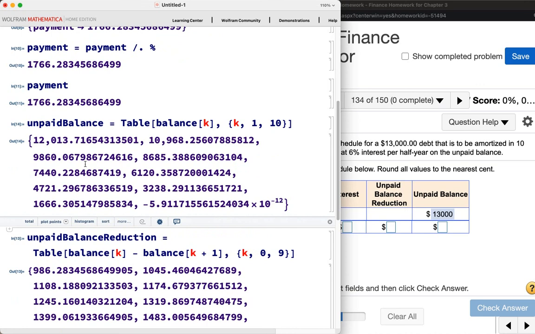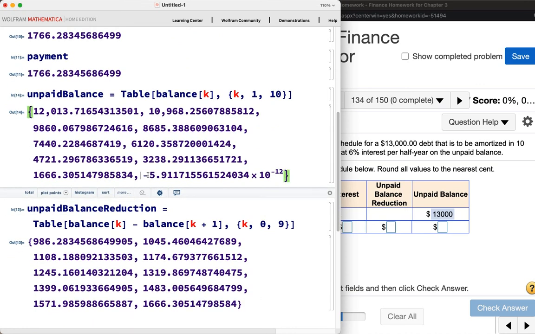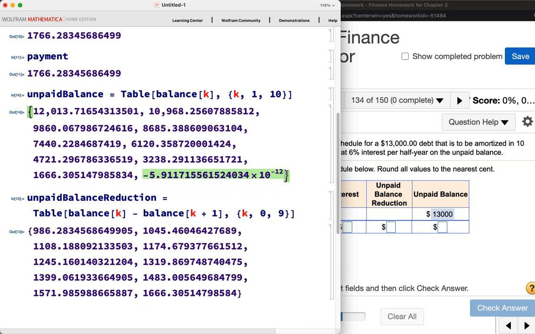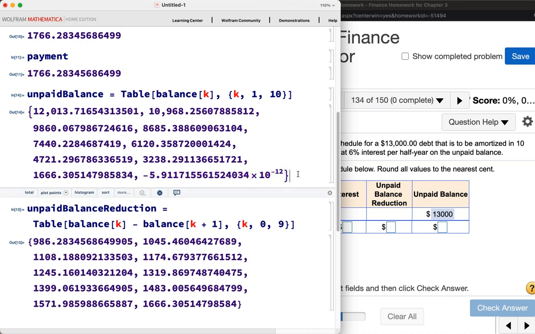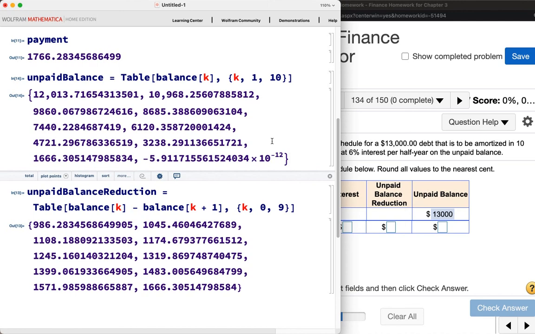And this number here is basically 0. This number here should really be 0.